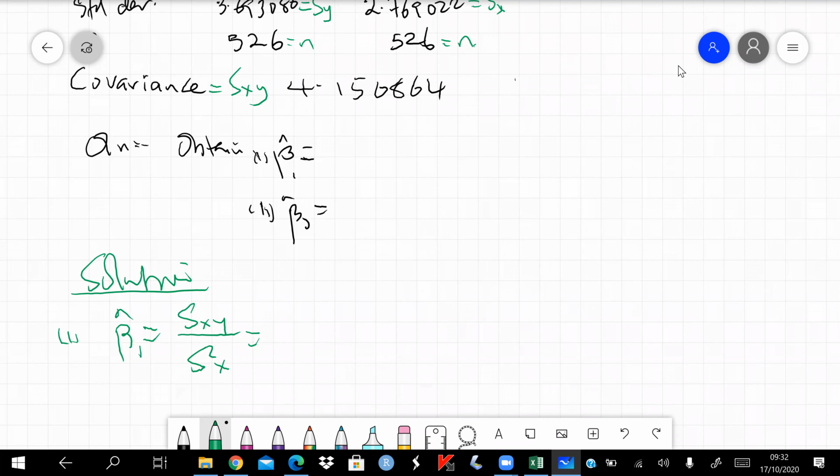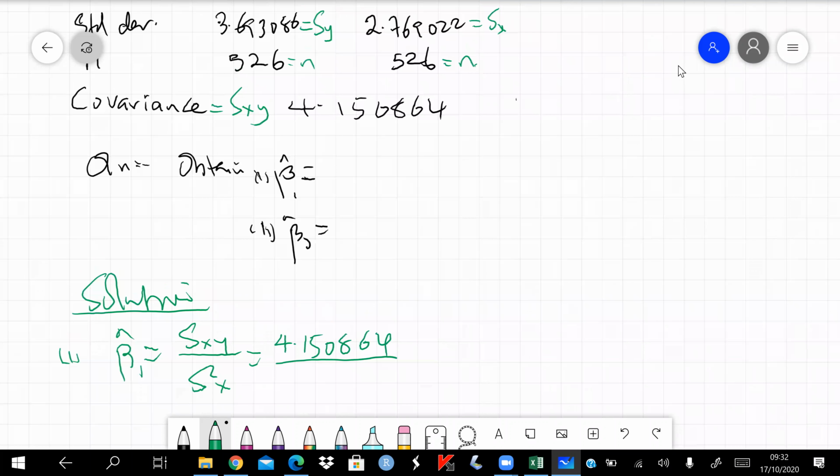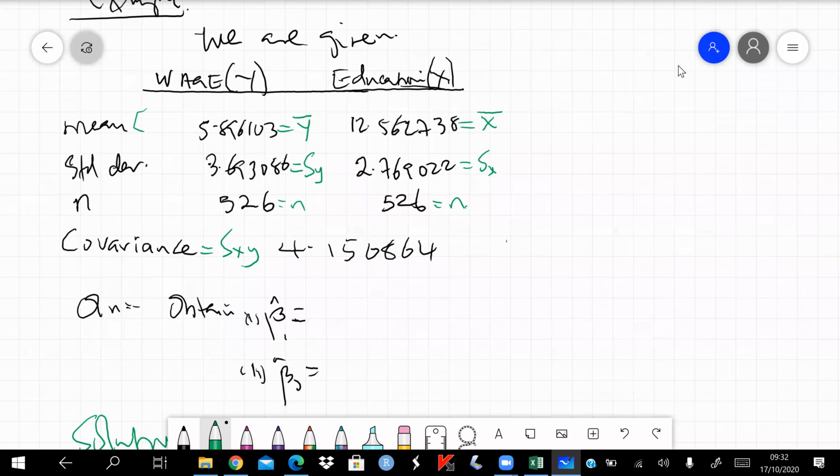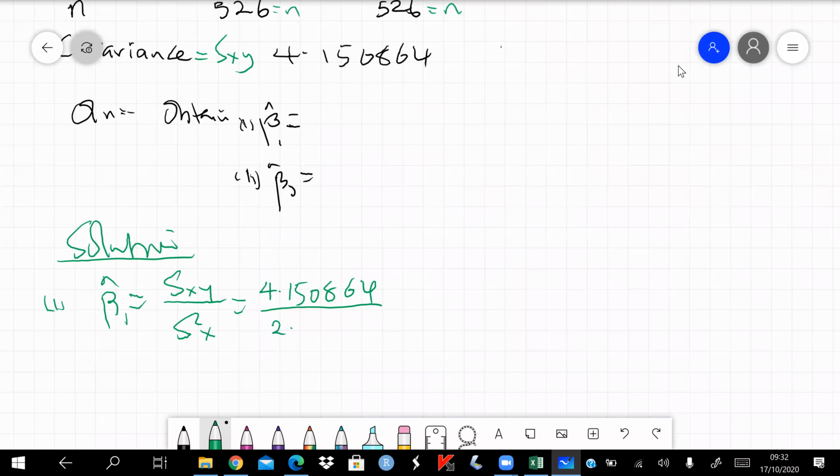Which values are we using here? We already have the covariance, which is 4.15, 0.864. Then divide that by the variance of X, 2.769022 squared. Squared, yes.